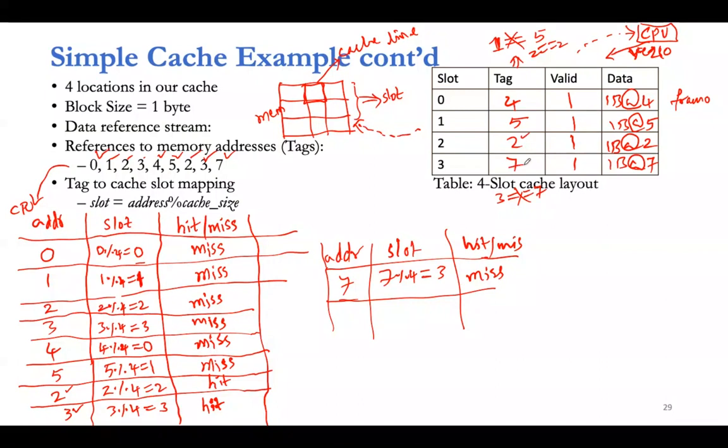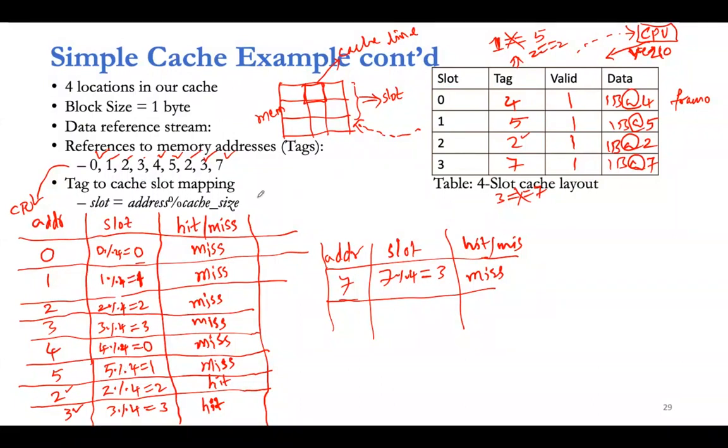So this is the way of caching when the CPU requests the sequence of references to these memory addresses or tags. As we saw, cache placement is done based on its dedicated slot.